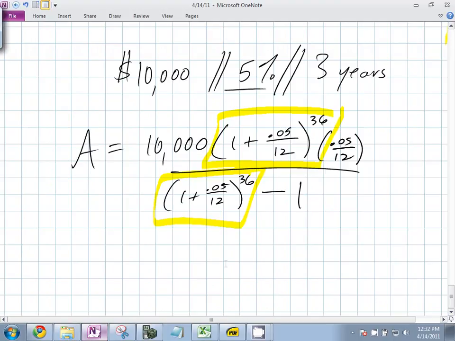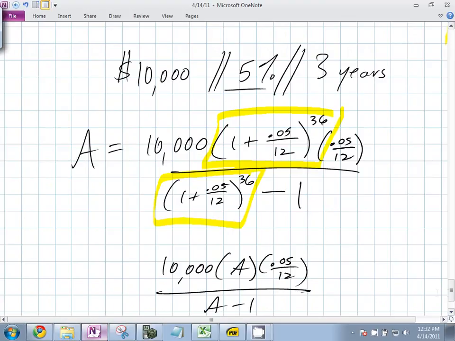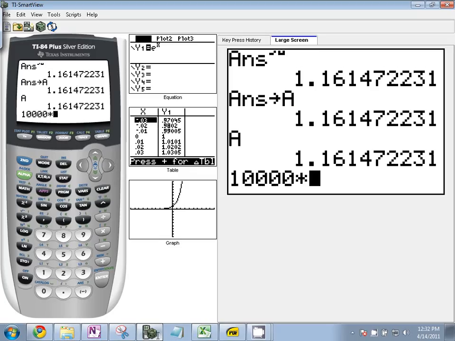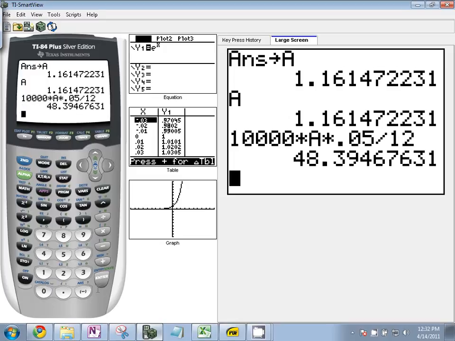So you just now need to multiply out 10,000 times A times 0.05 over 12 divided by, is that a little easier to type into your calculator? A lot easier? Yeah. So you have 10,000 times A times 0.05 divided by 12 divided by A minus 1.